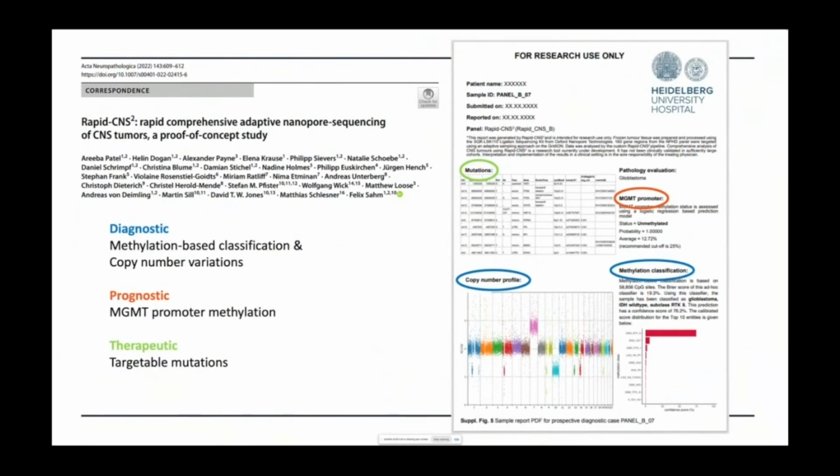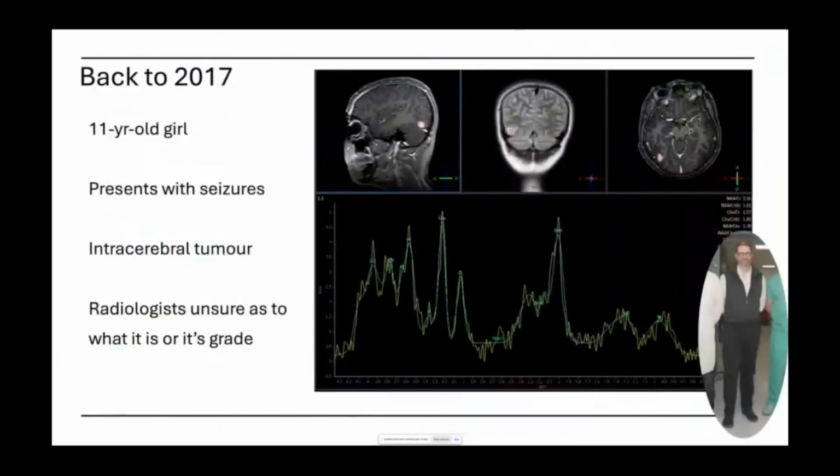Having done this and published it, it was fabulous to start meeting new people. And one of the people I met was the gentleman in the bottom right here, Simon Payne, a neuropathologist here in Nottingham. And Simon had seen this paper and came to see me and told me this story of a patient that he had seen in 2017, an 11-year-old girl who presented with seizures.